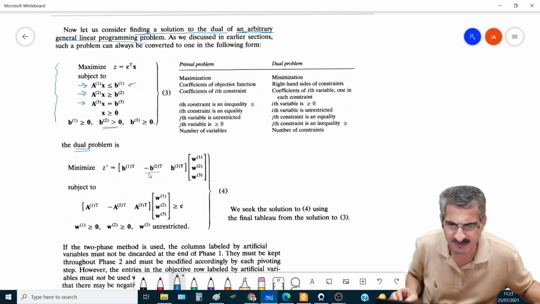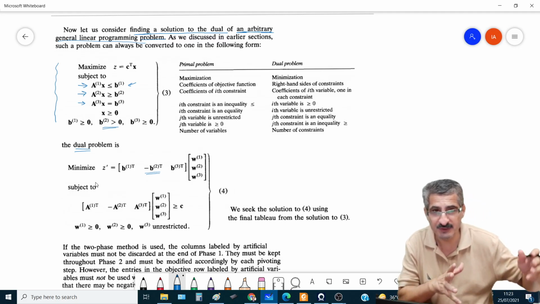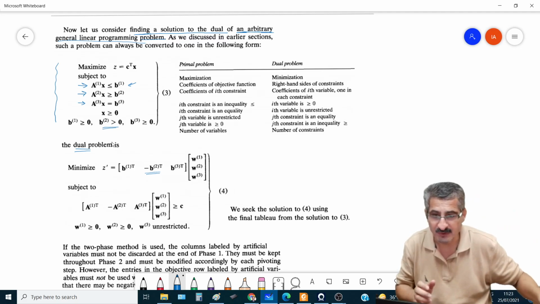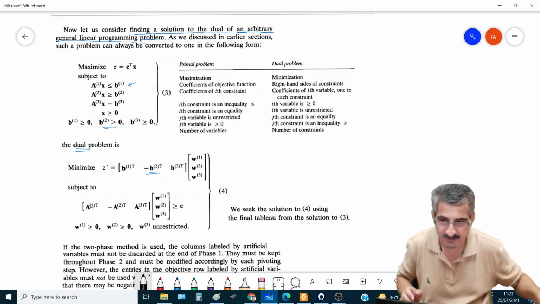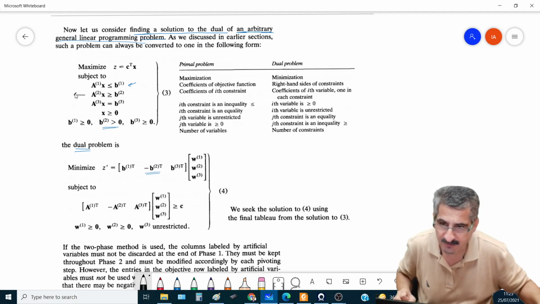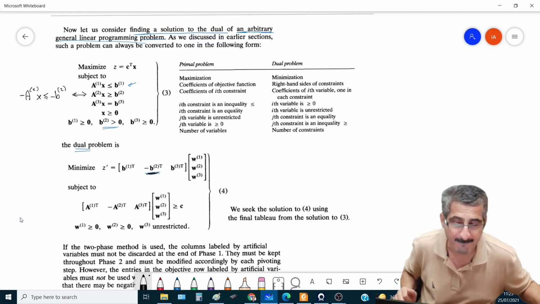Why do we have a negative here? Because to make the dual problem, we need to have less than or equal. So we multiply and make it this way: negative A2x is less than or equal to negative B2. That's why we have the negative here.